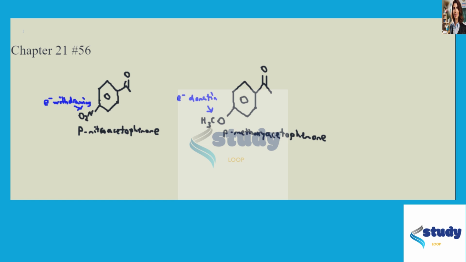The answers to each of these three questions are going to depend pretty much entirely on those properties. The nitro group is strongly electron withdrawing, and the methoxy group is fairly strongly electron donating.